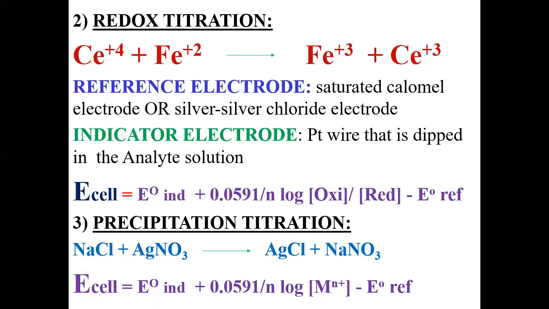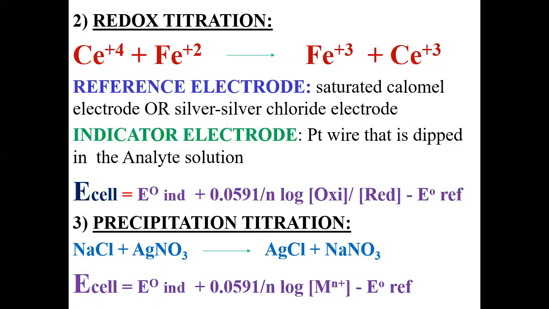So this is precipitation titration. I will repeat. When the addition of the reagent from the burette leads to the formation of precipitates, then this formation of precipitates can be used as an indicator for the endpoint detection.